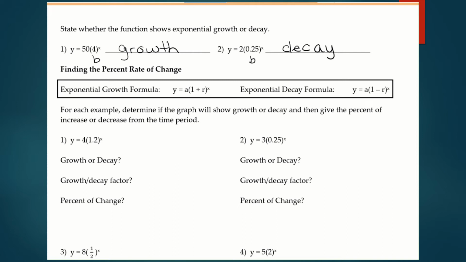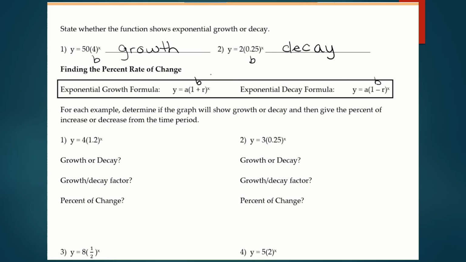You'll notice the difference between these two formulas and our standard form, the form that we were using at the beginning of the notes, is b is kind of missing. B is actually broken down into 1 plus r and 1 minus r. So this is really where b comes from. How does that b value get created?